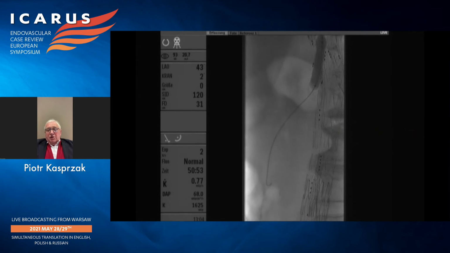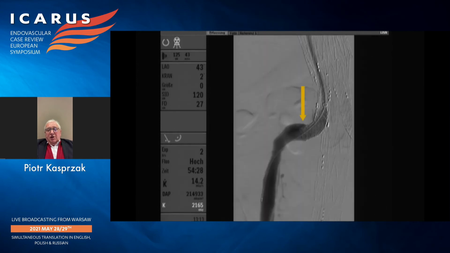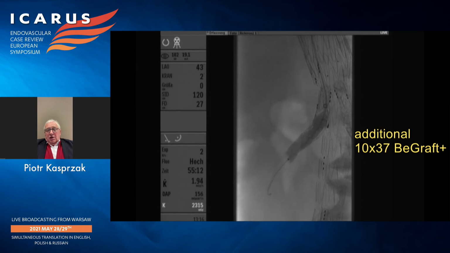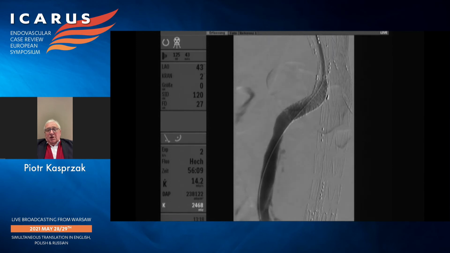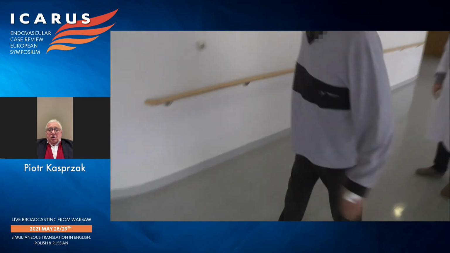First we implanted 10 by 37 big graft plus, but in the end, we were not very happy about the sealing, so we used a third one and did additional ballooning. This is the control DSA. You see that the dissection is a little bit better in this angiographic control.